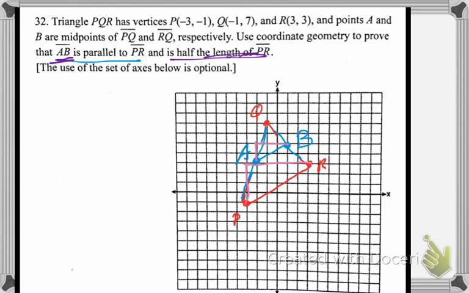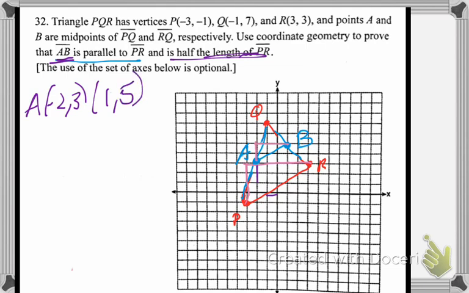So A, we said, was the point -2, 3. A is -2, 3, right? I think 1, 2, yeah. And B is 1, 5. Let me just double check that one. 1, 2, 3, 5. 1, 5.